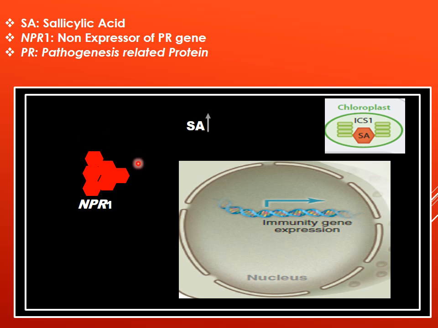And you also notice that there is the presence of NPR1, and this NPR1 gene is present in the cytoplasm, not in the nucleus. And this NPR1 gene is here in the form of an oligomer.